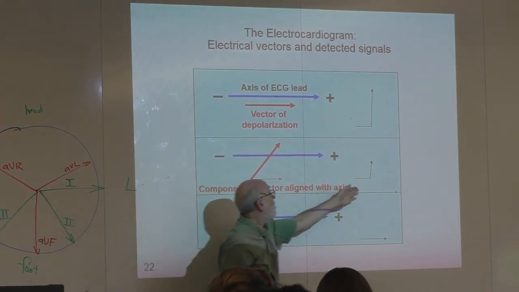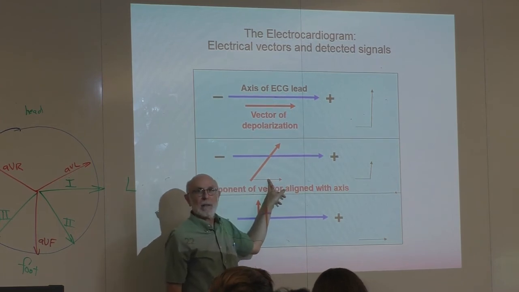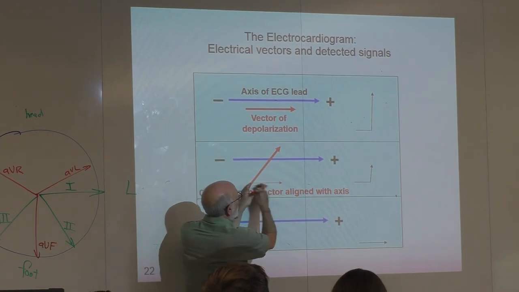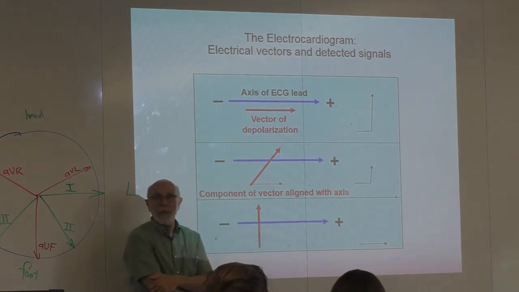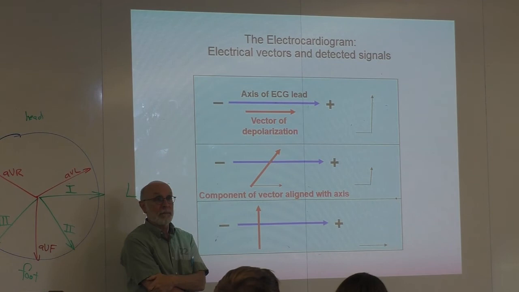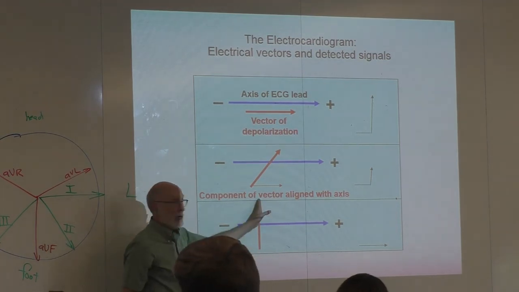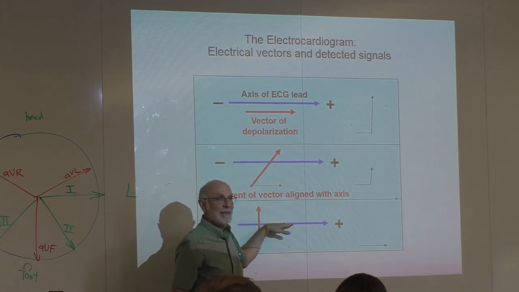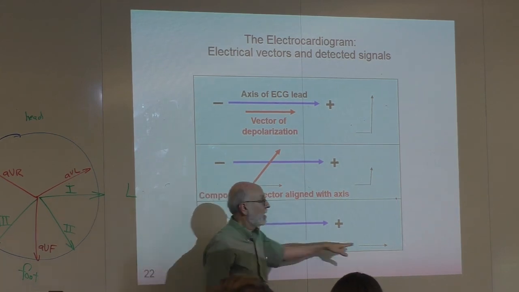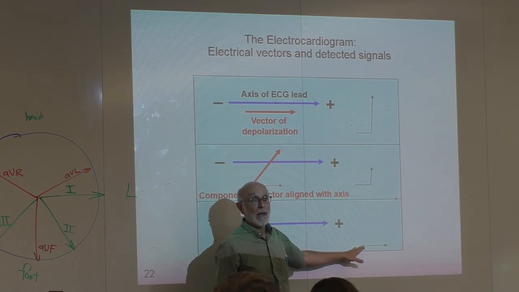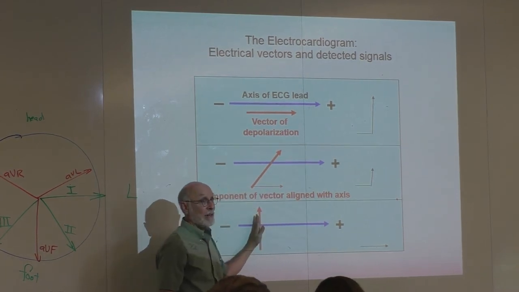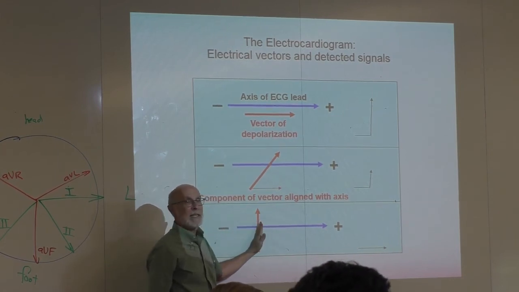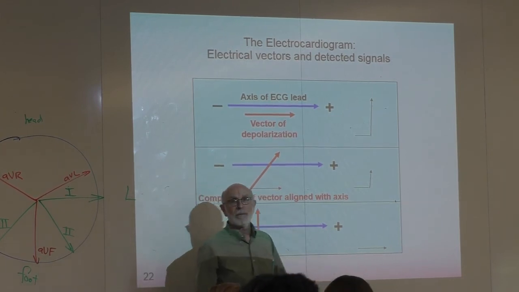But you still get a signal because it's got a component. Remember, vectors can be broken down into components. This has a component that is parallel to the thing that's detecting. And if the vector, here's a vector the same size, if the vector is perpendicular to the lead that's detecting it, you get no signal. There is a vector, there is a detector, but the detector is blind to this signal because it's perpendicular to it.